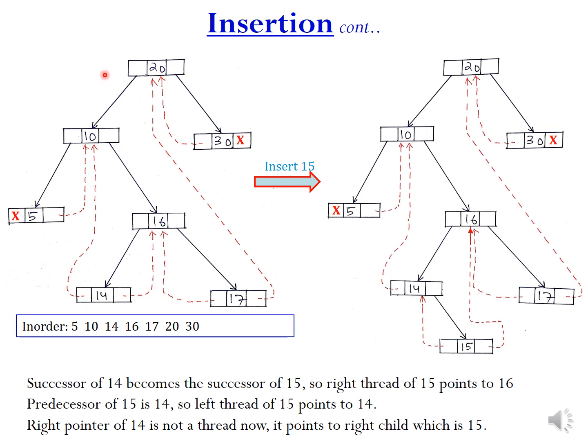We are considering the same threaded binary tree, which is a fully threaded binary tree. Now we are inserting 15 because 15 is greater than 14 and less than 16. It means this will be the right child of 14. One important thing here: as soon as we insert 15, this right pointer, which is already occupied, is having a thread pointing to 16, its in-order successor.